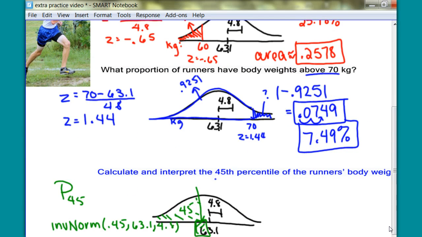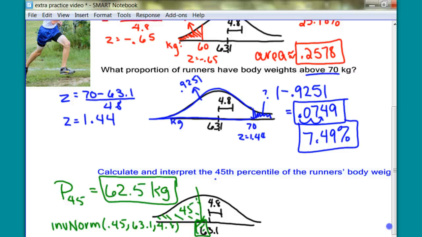Most of you have a calculator that has an inverse norm function on it, so I did that on my calculator. I ended up getting approximately 62.5 kilograms. You'll want to make sure that your value is just a little lower than the mean since we're at 45%, not quite up to 50%, not quite up to that mean.